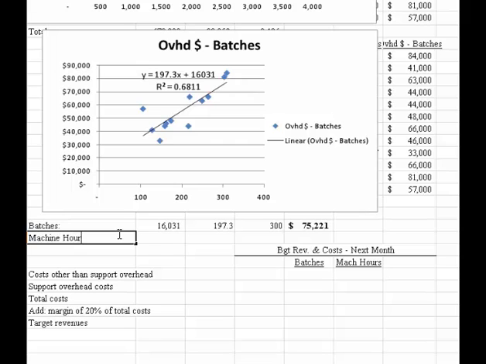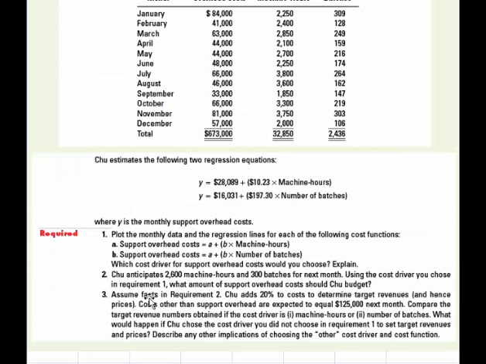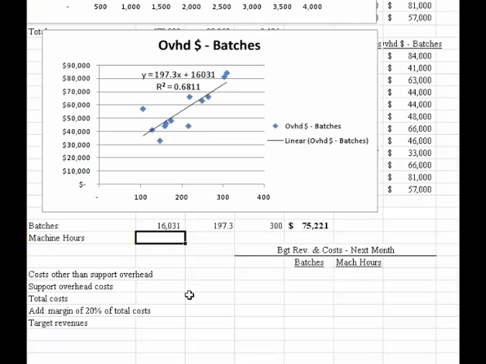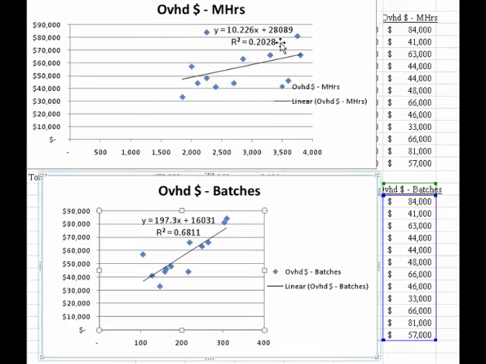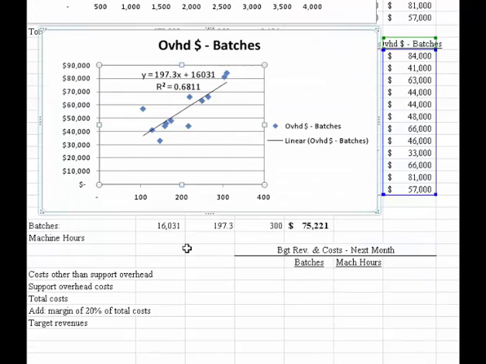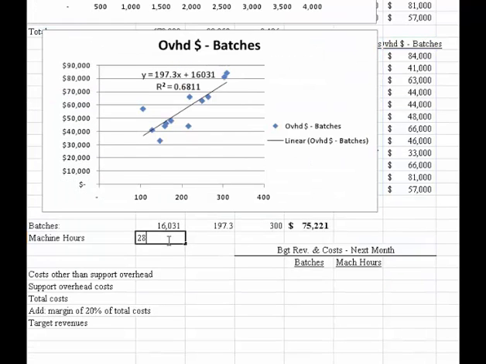Okay, well, let's now on part 3 tackle the machine hours. The machine hours was going to be 2,600. So if we use the 2,600, let me slide back up, our fixed cost was 28,089. So we'll enter that.